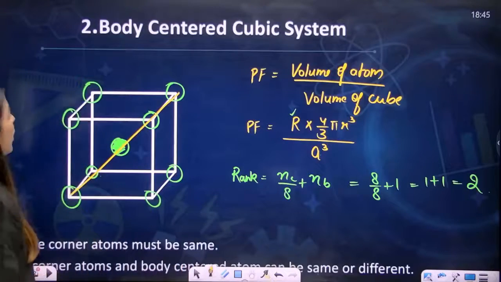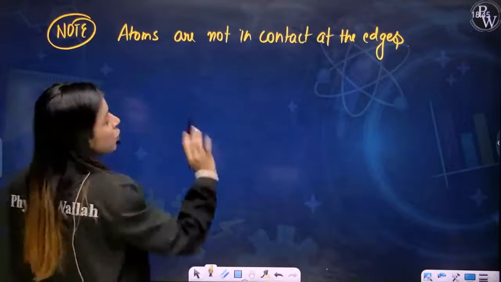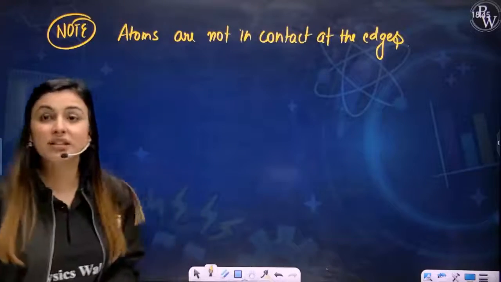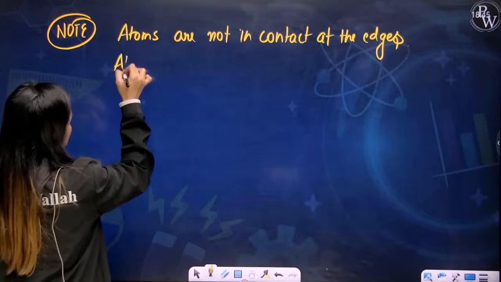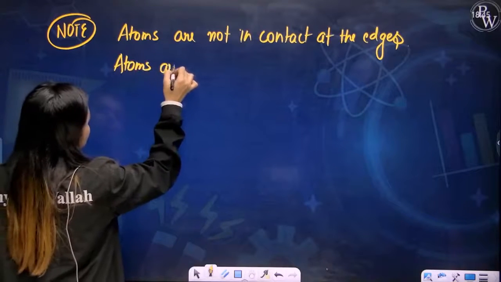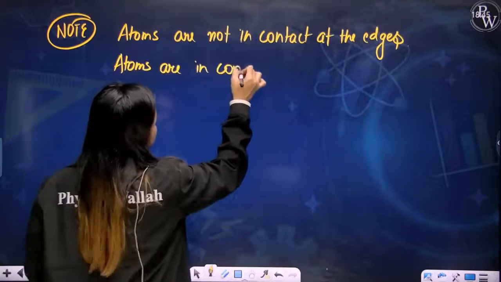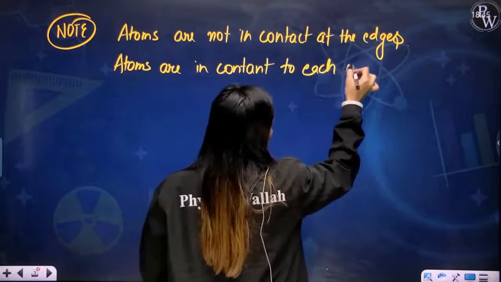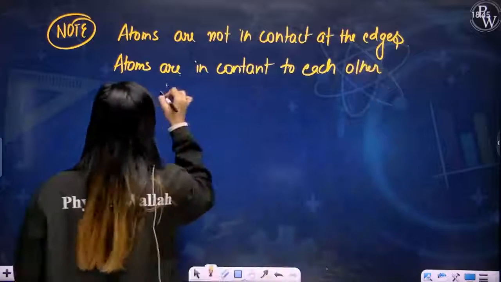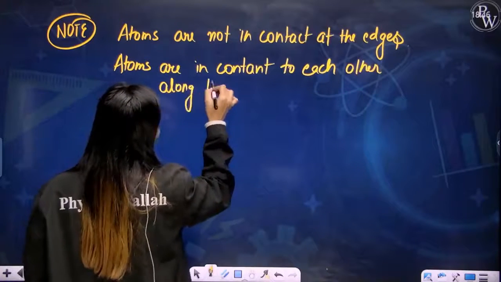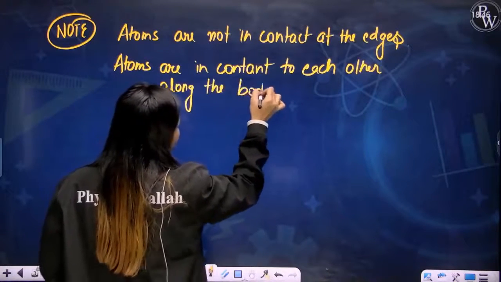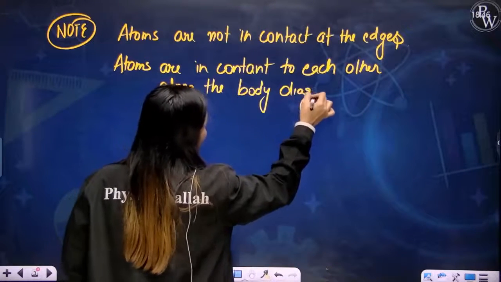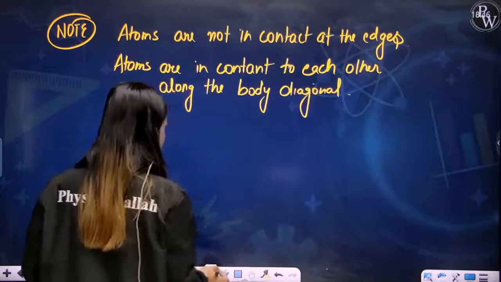Okay, so what I want to tell you is that here the atoms are not in contact at the edges. Rather, atoms are in contact to each other along the body diagonal. Okay, this is something which you need to keep in mind.